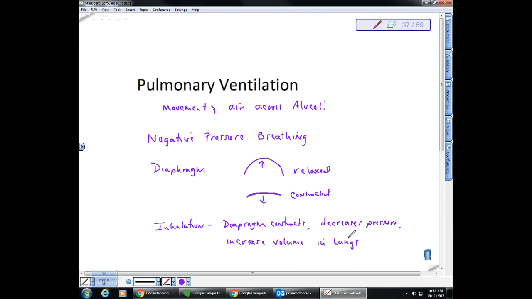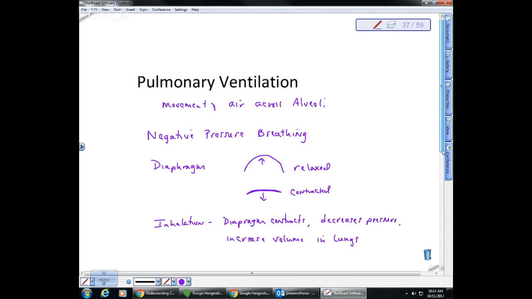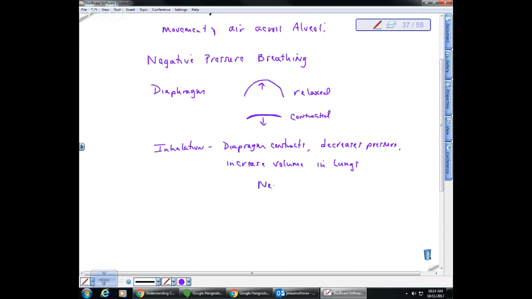Once it expands the lungs, you have a negative pressure, and the negative pressure is what draws the air in. So the air automatically flows into the lungs.